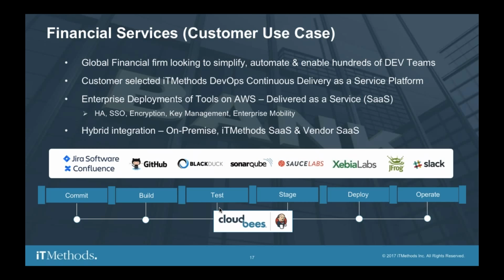Many of these tools were existing in some form. For example, Jira software and Confluence was deployed on-premise. There were many different independent instances, and the client had inquired, we'd like to consume this as a service. We would like to have an enterprise model for deployment, but we also want the security and high availability capabilities.